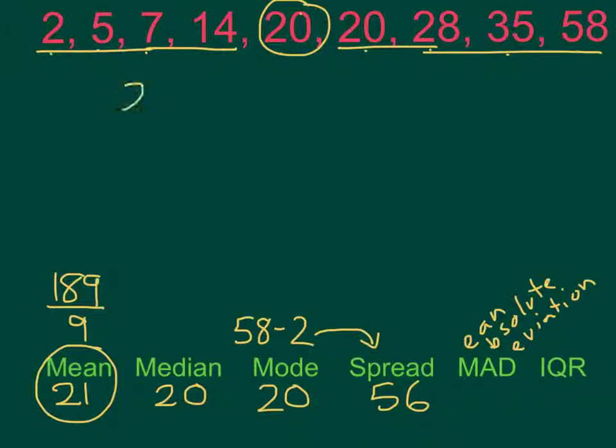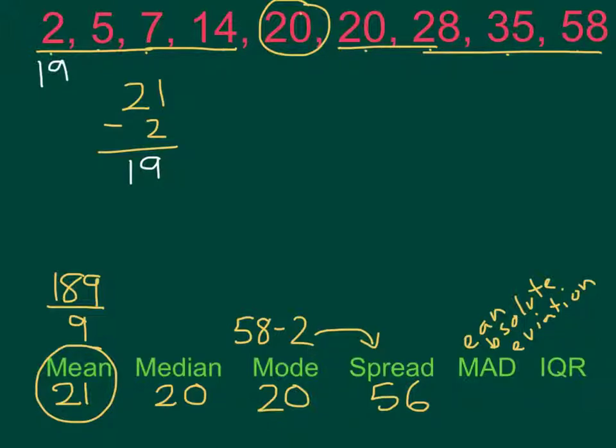So I'm going to take that 21 and basically plug in every number and subtract to find out how far it is. So I'm going to subtract 2 and find out how far away 2 is from 21. I get 19. So 2 is 19 from 21.